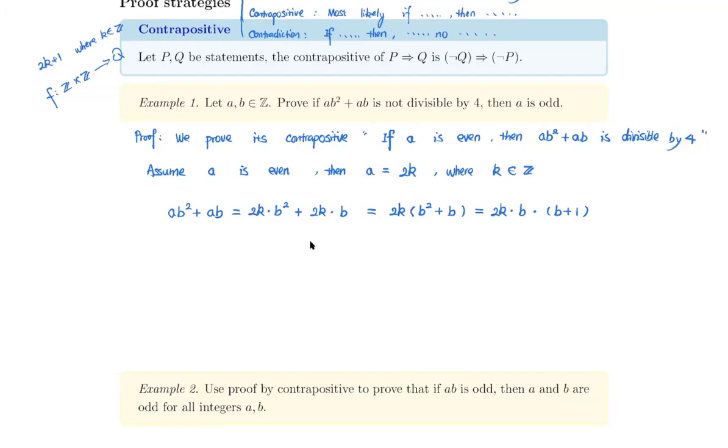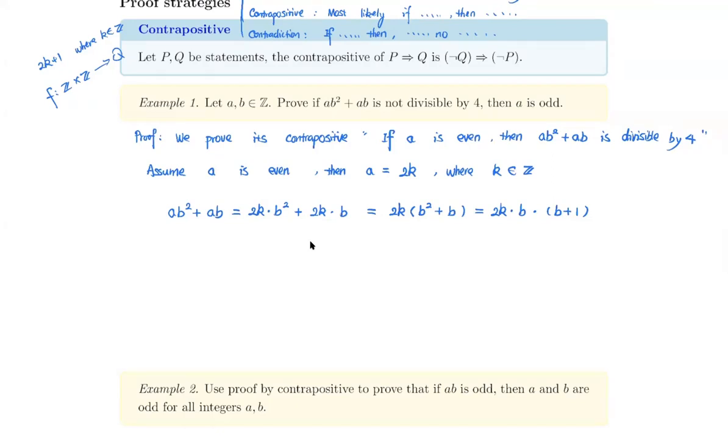I don't prove the opposite of the contrapositive. I prove the contrapositive because the contrapositive is logically equivalent to the original statement. So this is our assumption: we assume A is even. Since A is even, we can write it as 2k, where k is an integer.